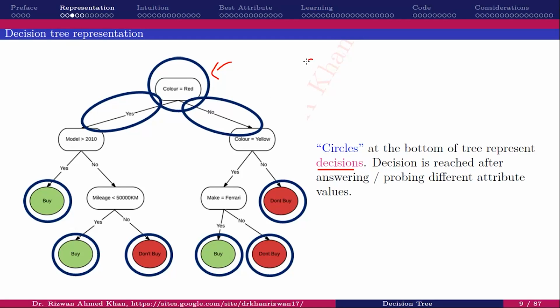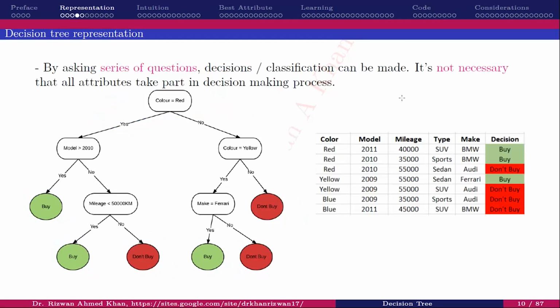This decision tree is actually the same. We are asking a series of questions, and based on the answer to one question, we ask another question. This is the first question, this is the second question we ask, and based on these two questions, we reach this conclusion. So this is a high level intuition of a decision tree.